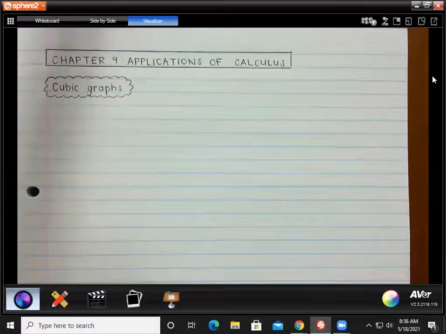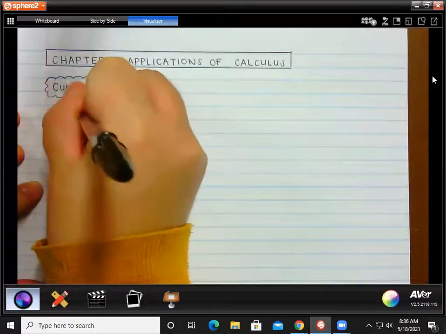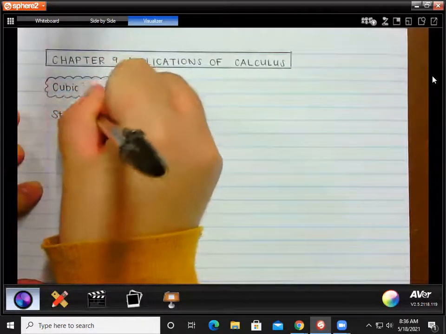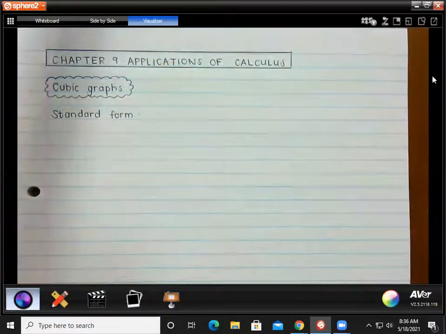Okay, it's fine. All right, guys, the standard form of this type of graph, we'll just write it down. Since it's a cubic graph, obviously we're going to have an x cubed.